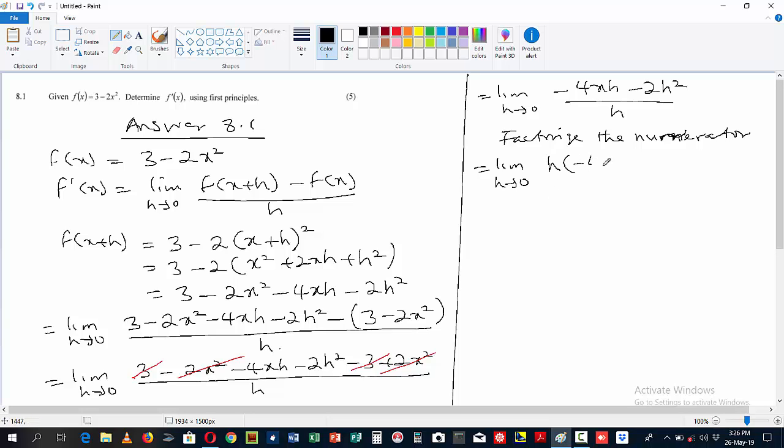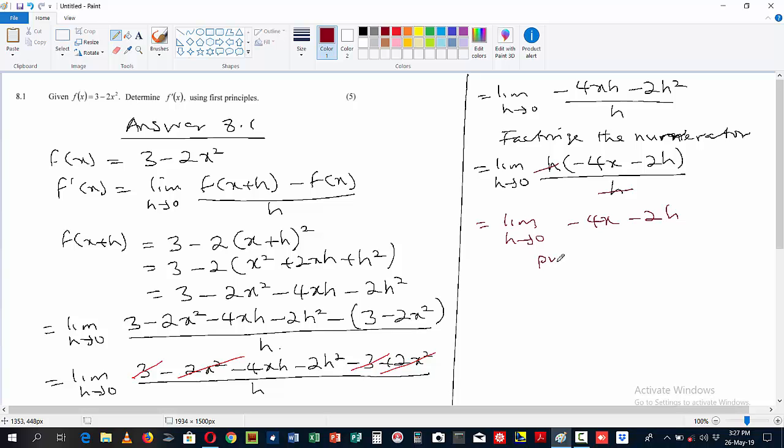We are left with h times minus 4x minus 2h, divided by h. Now from here, we can see h, we cancel this h with this h. We are now left with the limit as h tends to 0 of minus 4x minus 2h.